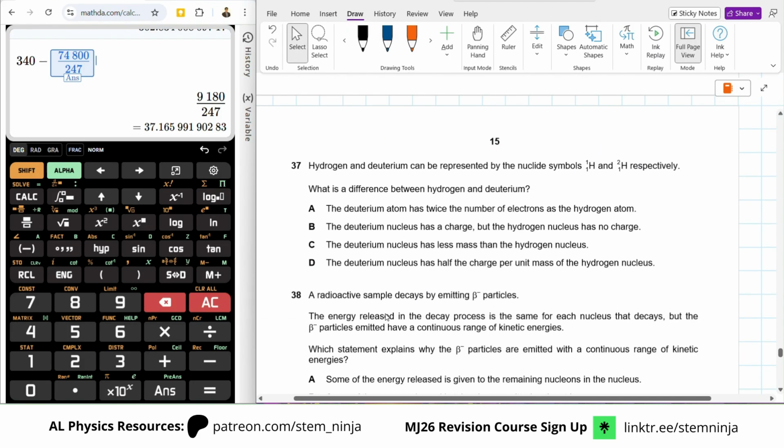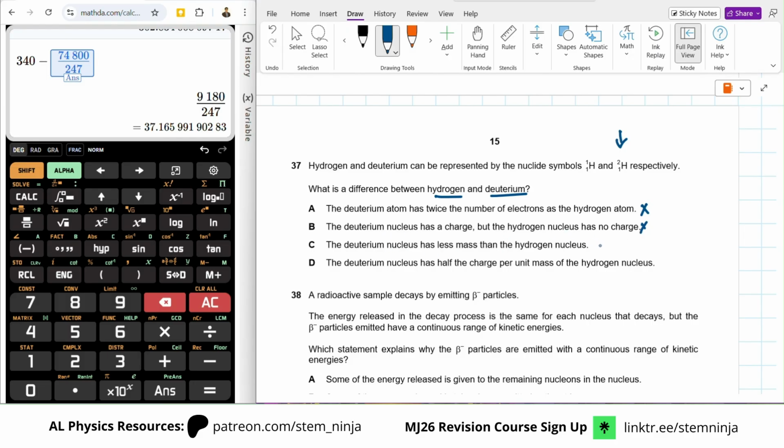Hydrogen and deuterium can be represented by nuclide symbols 1-1 H and 2-1 H respectively because of an extra neutron. What is the difference between hydrogen and deuterium? One more neutron. Deuterium atom has twice the number of electrons. No, no. Deuterium nucleus has a charge, but no. Less mass than hydrogen nucleus. No. Has half the charge per unit mass of the hydrogen nucleus.